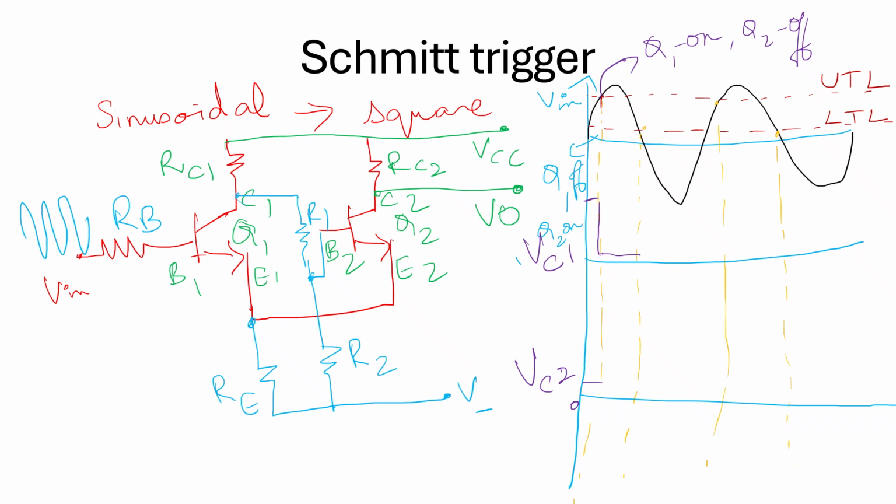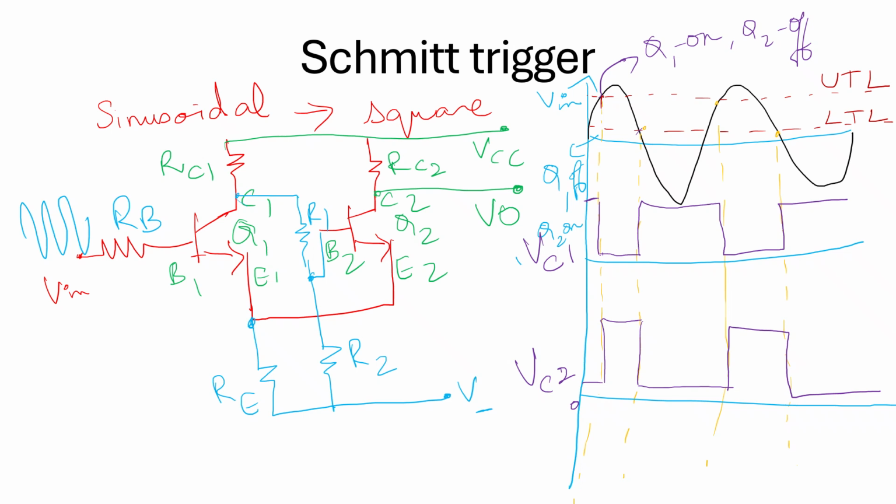When Q1 is on, the voltage across VC2 increases and it remains like this. At this state, when the lower triggering level and the input voltage are at a saturation point, the VC1 voltage increases and it continues to show an output like this. VC2 is low and again the cycle continues.